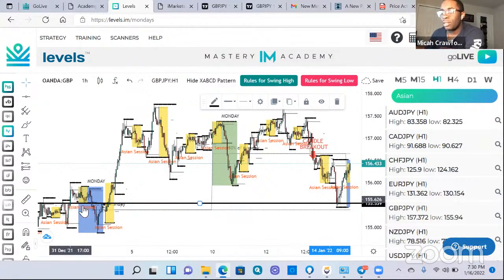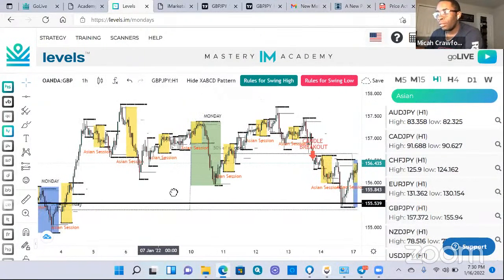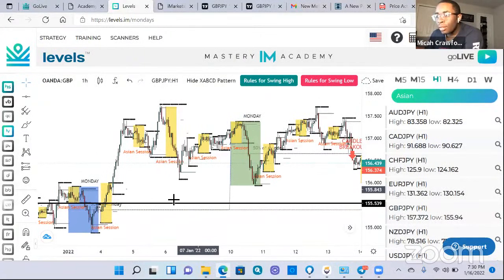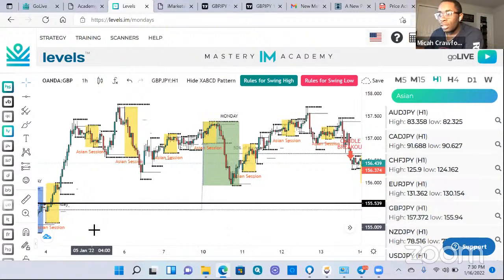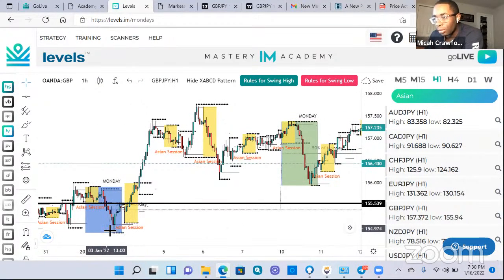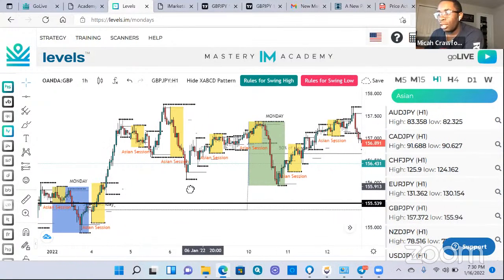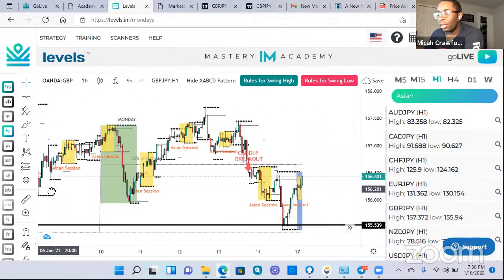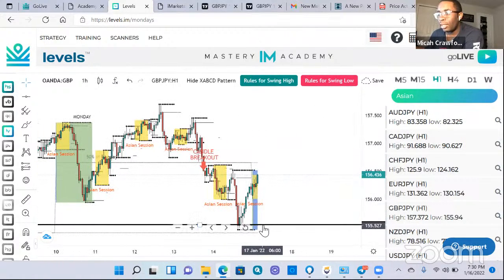Beautiful. That's the reason why, that little area right there. This was around this little area right here. Was my low, my high, my higher low. See how we broke? And then retested right here.